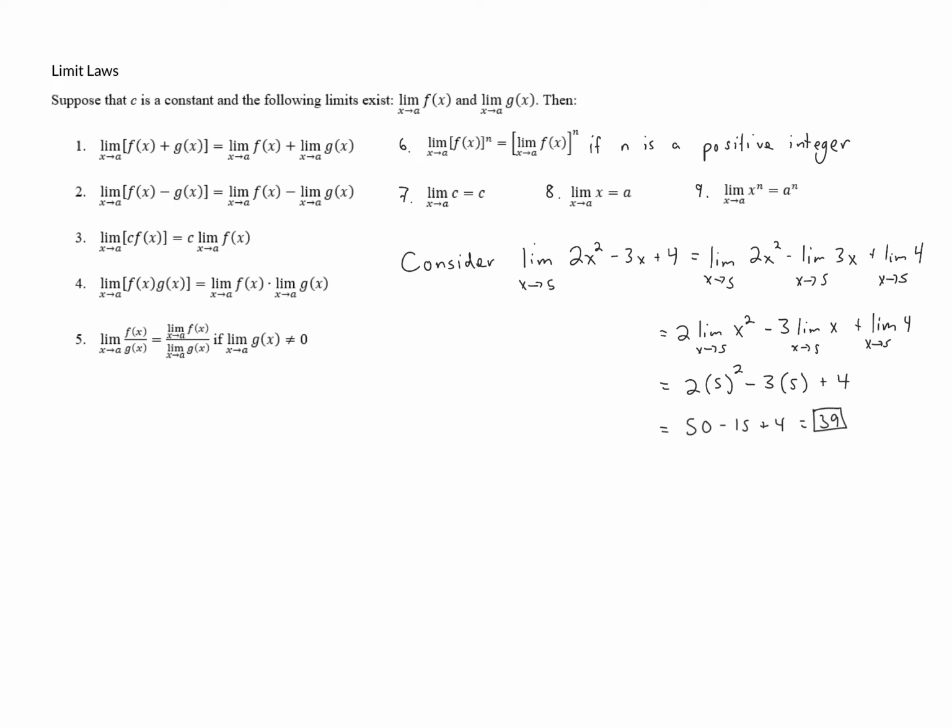And so we have our answer, but we can see that we can do this for any polynomial. Anytime we're taking the limit of a polynomial, we can split up the terms using the sum and difference laws, and then we can pull out the coefficients using the constant factor rule.